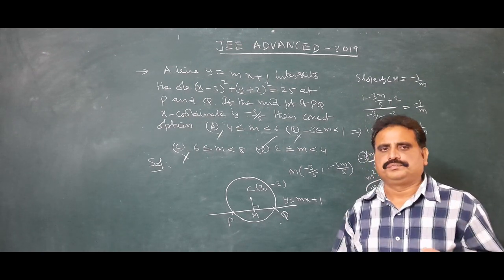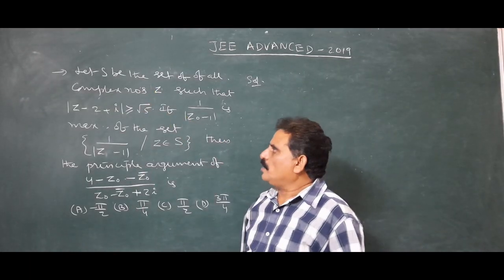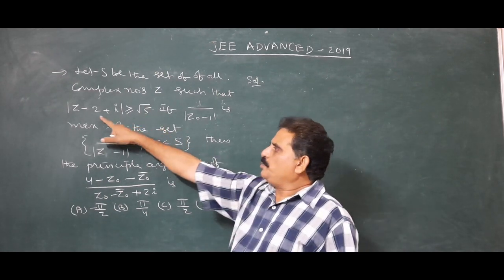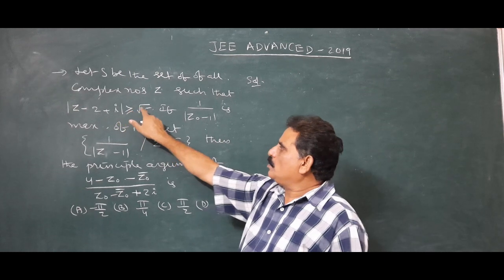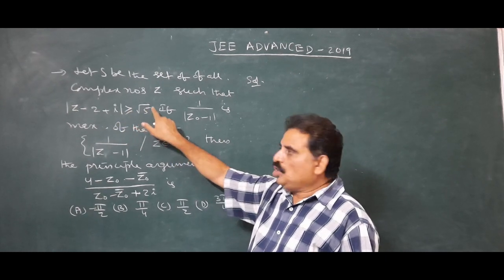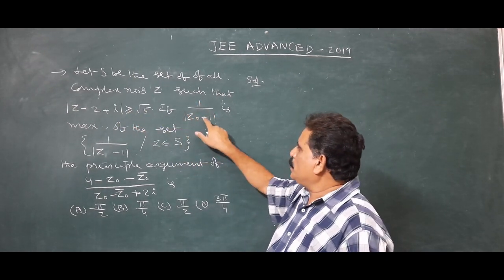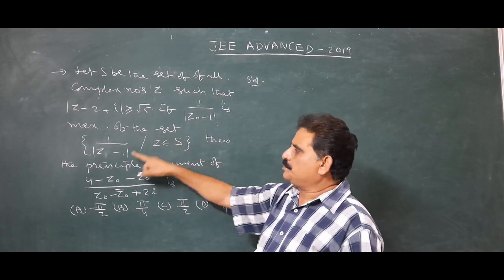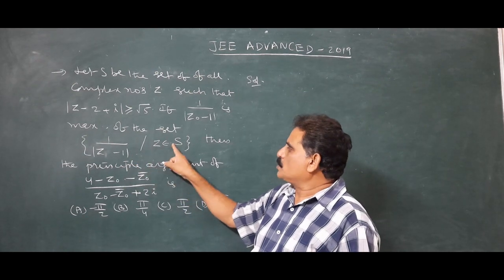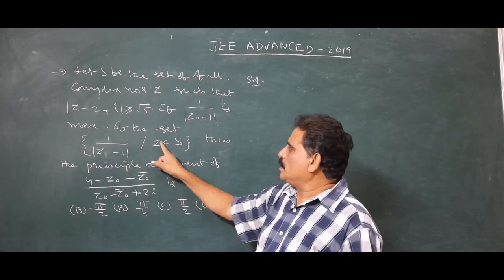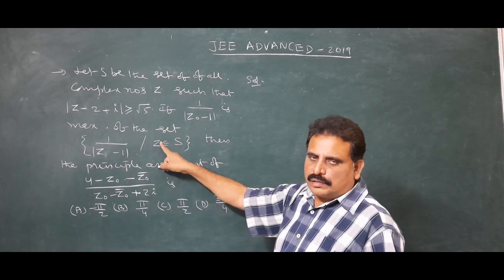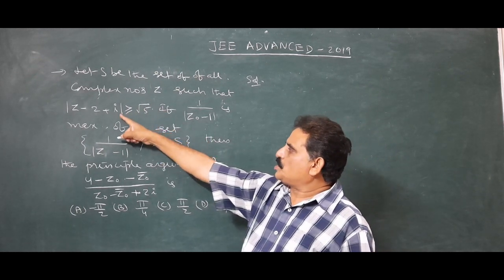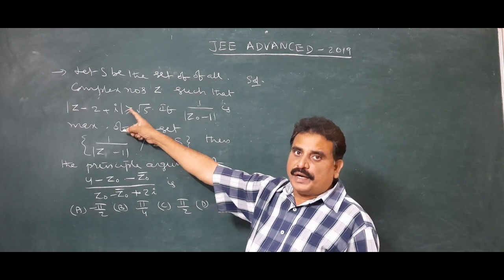Simple concept. Question. Let S be the set of all complex numbers z such that modulus of z minus 2 plus i is greater than or equal to root 5. If 1 by modulus of z naught minus 1 is the maximum of the set of 1 by modulus of z minus 1, z belongs to S. z is a complex number which satisfies this inequality.